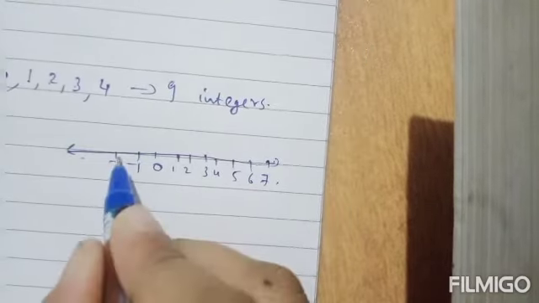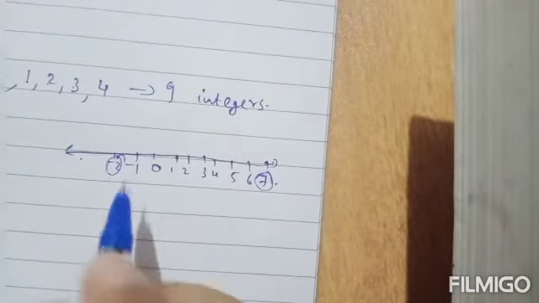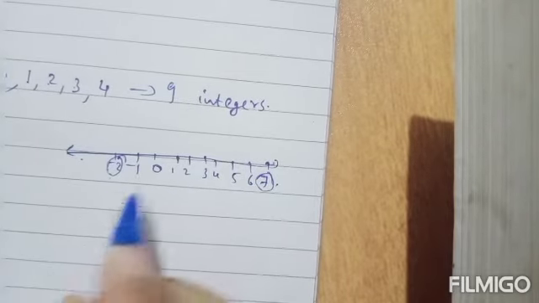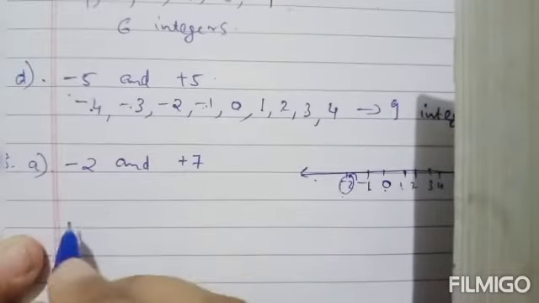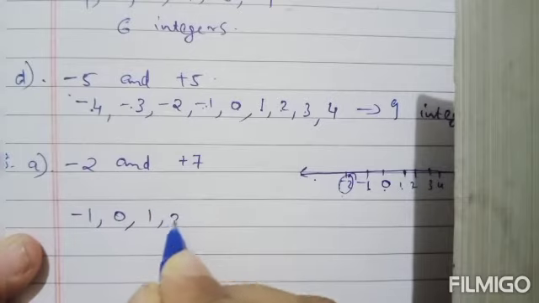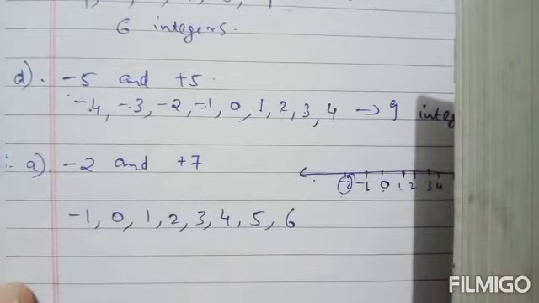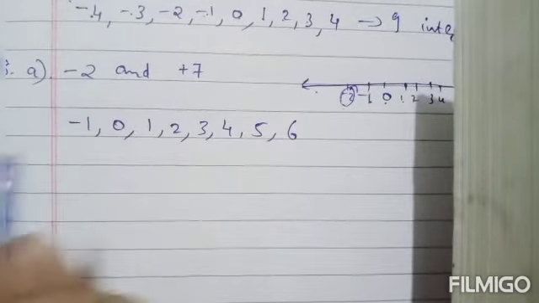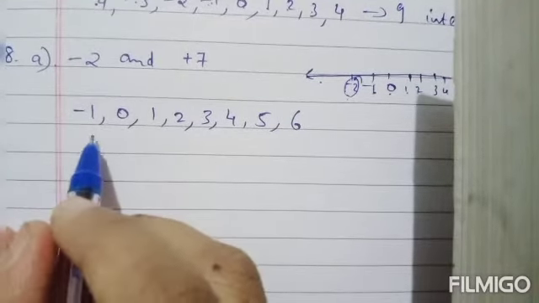Okay, so we need in between -2 and 7, which all integers are coming, we can find from this number line. This -1, 0, 1, 2, 3, 4, 5, 6. Okay, so you can write the answer. -1, 0, 1, 2, 3, 4, 5, 6. Okay, you have to write which all integers are coming in between -2 and +7. Okay, that integers are given.